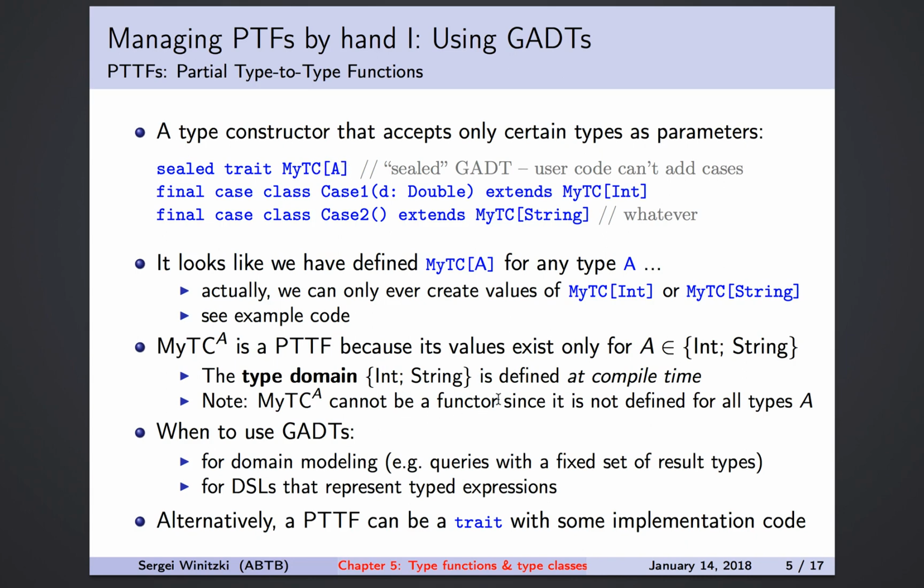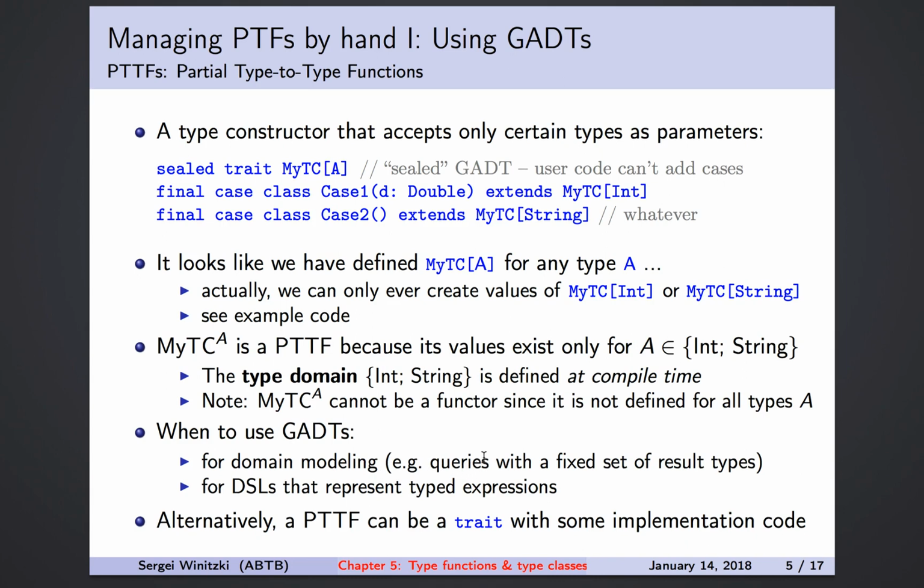So these kinds of types, where you have partial type-to-type functions and case classes, are called generalized algebraic data types, where generalized means that these types are not the type parameter A, they're just specific types. So there are some cases when they're useful. They're useful for domain modeling of certain kinds.